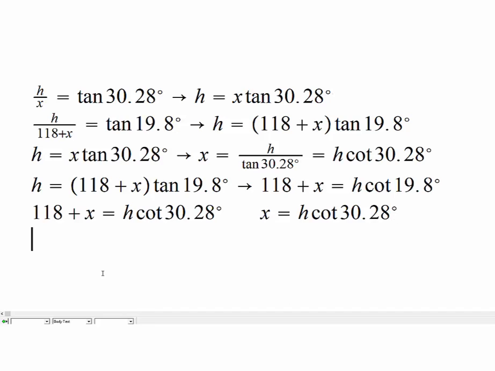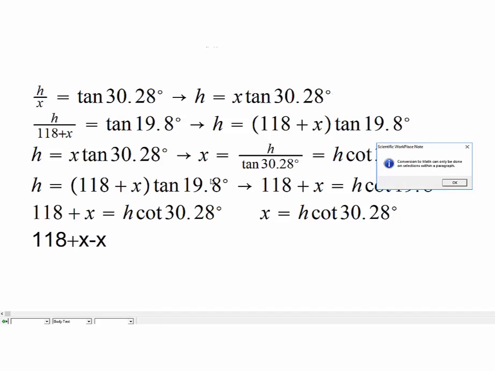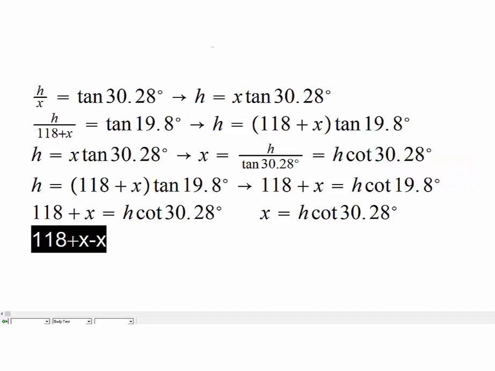Good. Okay, so now to eliminate x, we can subtract this equation from the first equation here, and if you do that, what you will get is 118 plus x minus x on the left side. Let me just change it to math fonts.